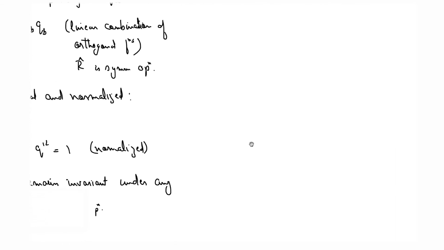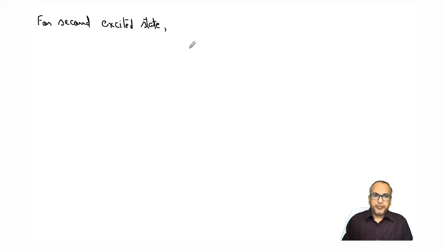So now let's look at what happens to the second excited state. So let's calculate for the second excited state. Psi 2. Now we have 4q squared minus 2. This is coming from the Hermite polynomial, and the exponential component is e to the minus alpha q squared by 2, right?